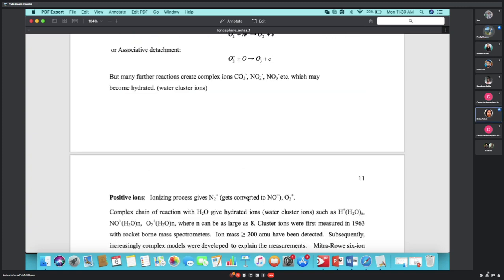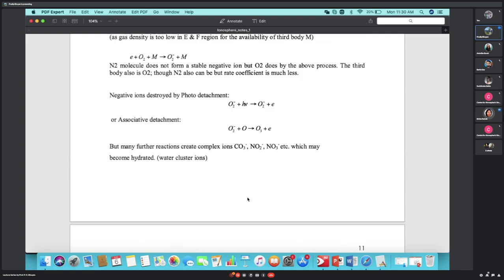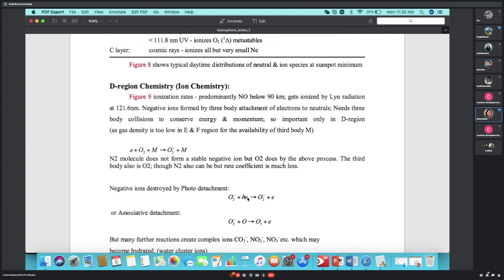So I think, yes, next class maybe at 10:30 or 11:30. If you do not mind, we will leave it here and continue the discussion on the ionospheric layers, how they are formed.